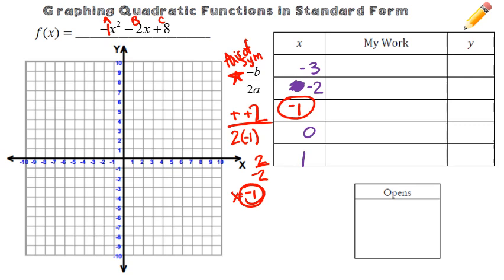All right, let's show some work. Be careful as that negative is on the outside of that x². So in this case, I have a -(-3)² minus 2 times -3 plus 8. -3 squared is +9, but I've got that negative lingering on the outside.